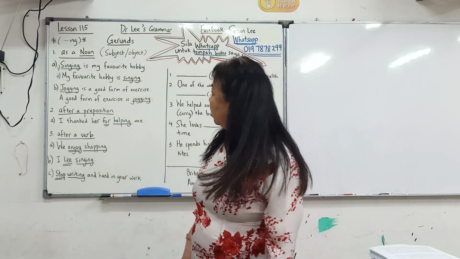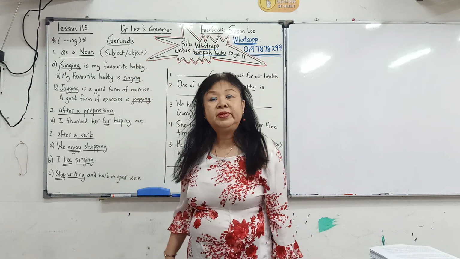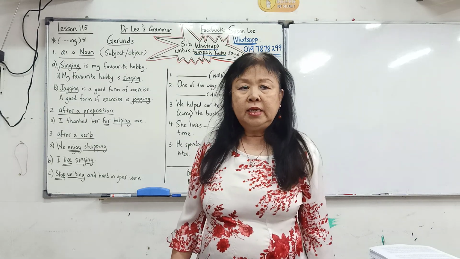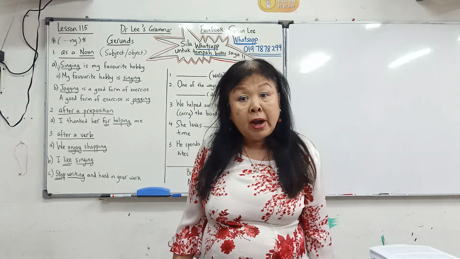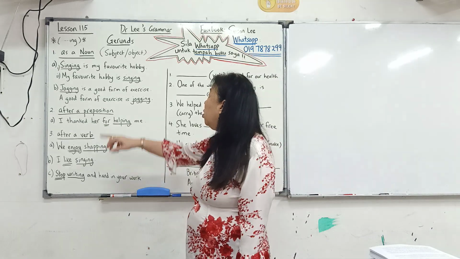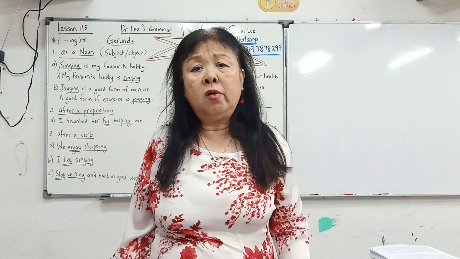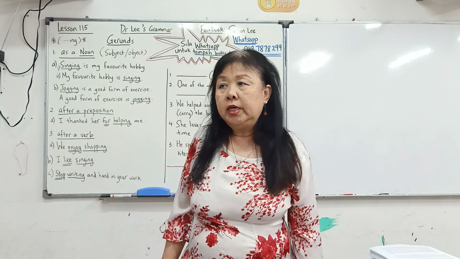Alright, so this lesson, which is lesson 115, is a request by a subscriber who wants to know how and why we use gerunds, or a gerund if you like.